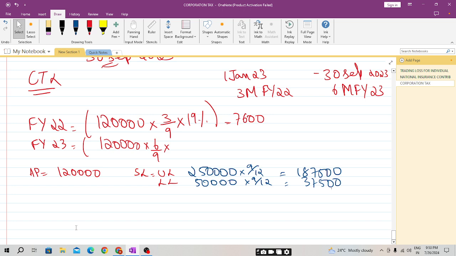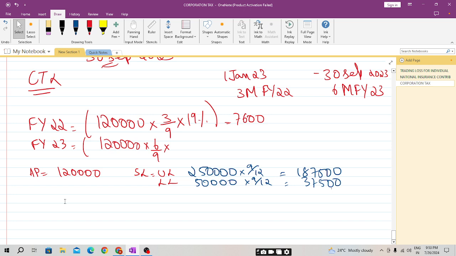So the tax will be paid at the main rate, and profit between the limits will be eligible for marginal relief. So marginal relief, please do try yourself.